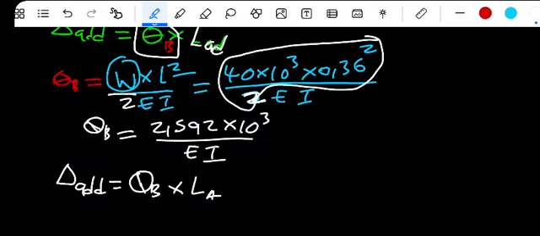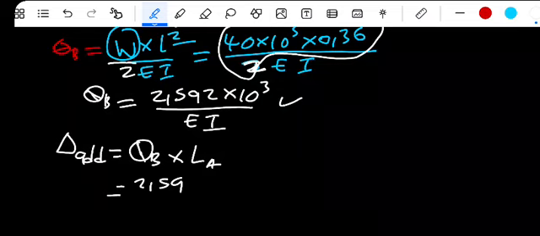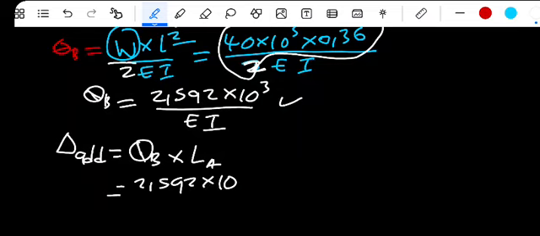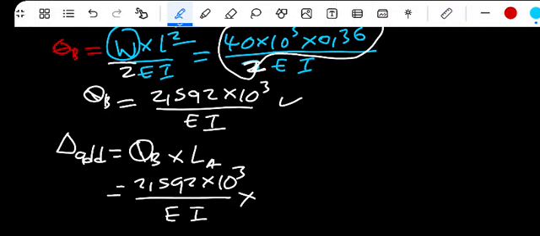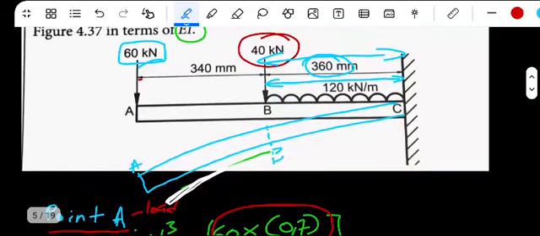So we plug in 2,592 times 10 to the positive 3 divided by EI multiplied by the additional length, from here until there.